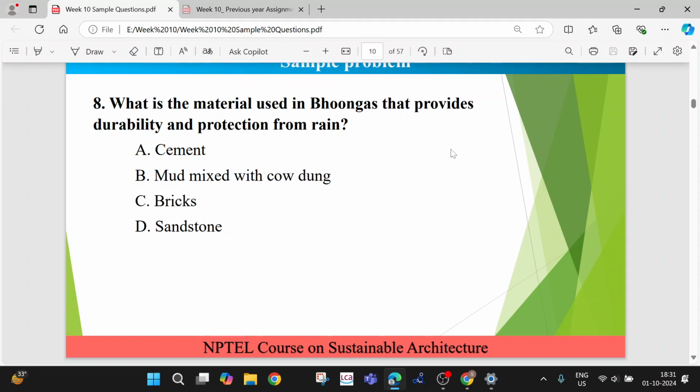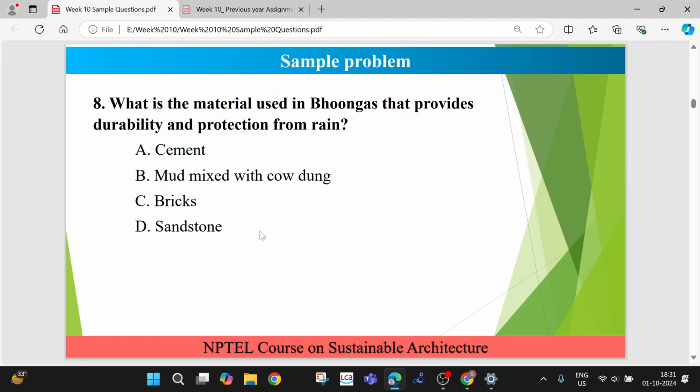So what will be the right answer for question number 8? B. Yeah, B, mud mixed with cow dung. That will be the correct answer for this question.